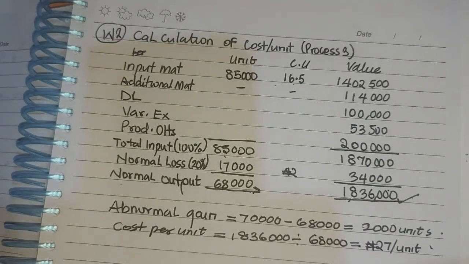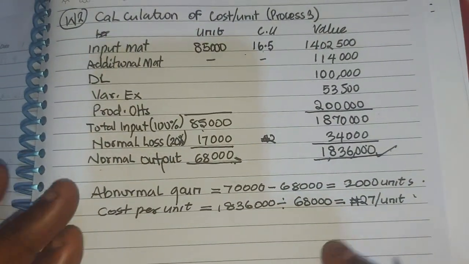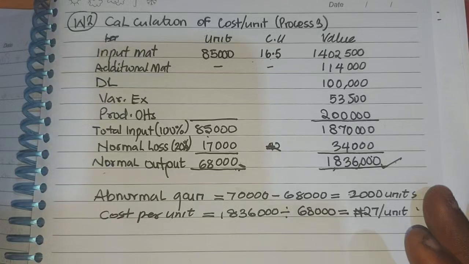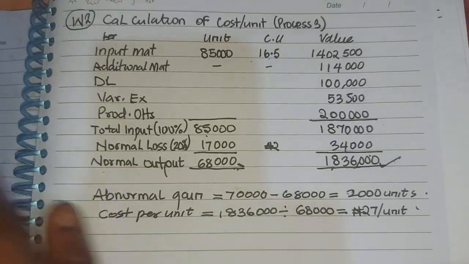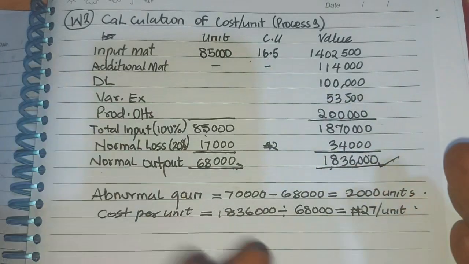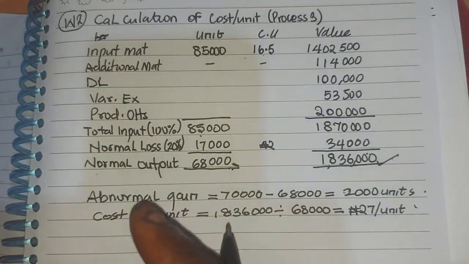So don't forget, in process costing, like I told you, for each process we need to determine the cost per unit. For process 2 we have done that, and for process 3 we've done that. Then the question gave us 10 naira per unit for process 1.